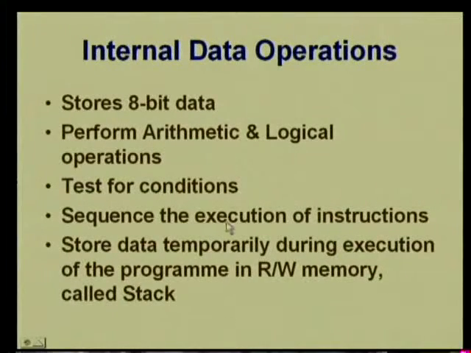So these are the internal data operations. First, for data manipulation, the 8-bit data has to be stored internally, so the processor stores this 8-bit data in some registers which are available internally to the processor.